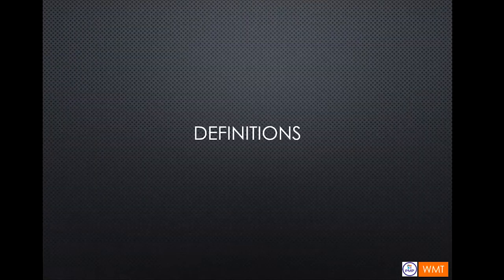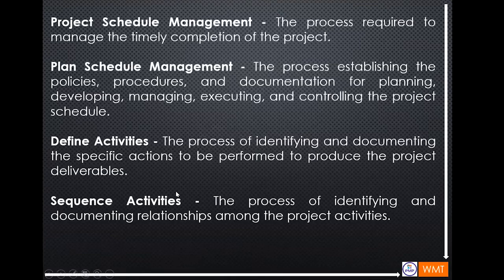So we'll go to the definitions. Project schedule management: the processes required to manage the timely completion of the project. Plan schedule management: the process of establishing the policies, procedures, and documentation for planning, developing, managing, executing, and controlling the project schedule.